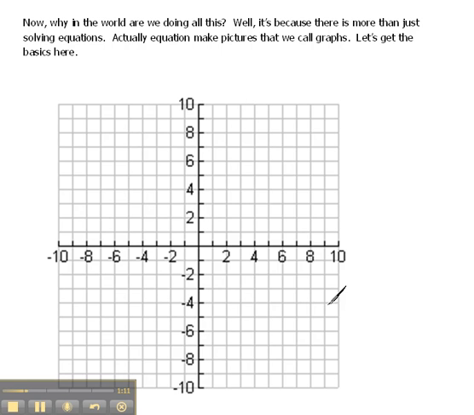This is an XY axis system. It's also called the rectangular coordinate axis, or the Cartesian coordinate plane. Lots of different titles for it. But remember the story about him laying in bed and looking up at the ceiling at the fly and wishing that there was some way that he could describe exactly the position of the fly on the ceiling.